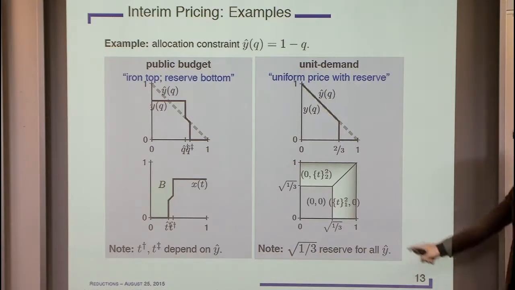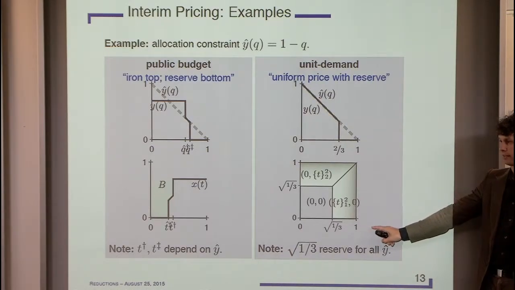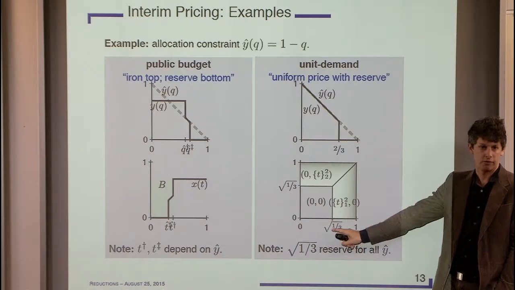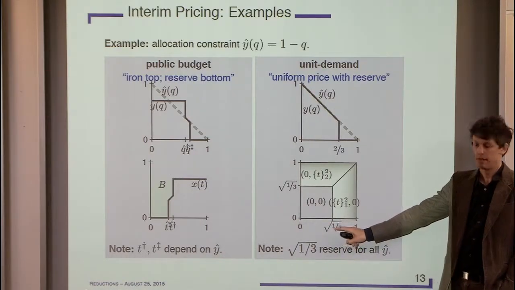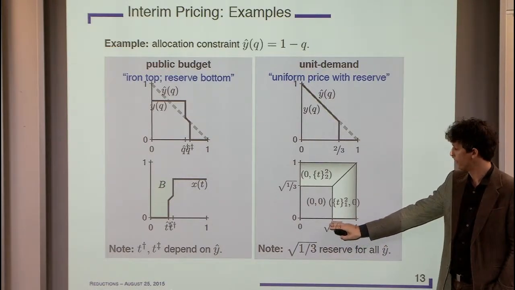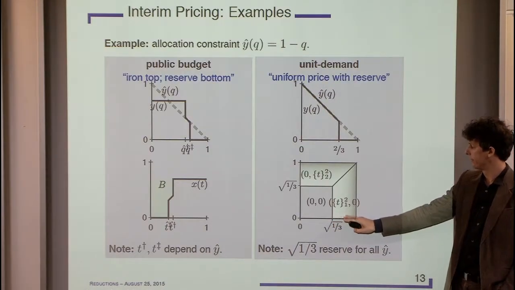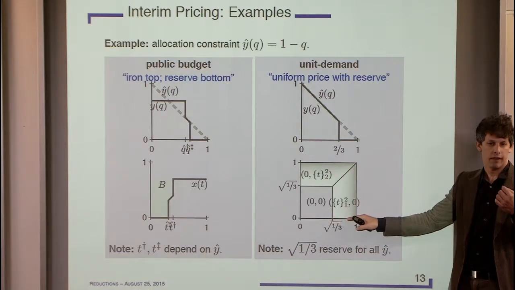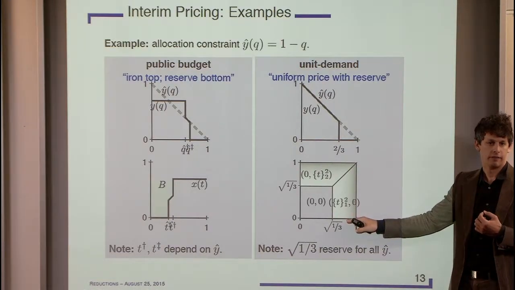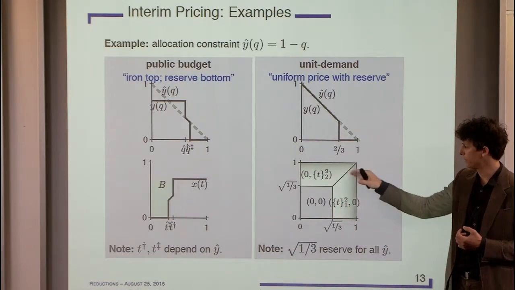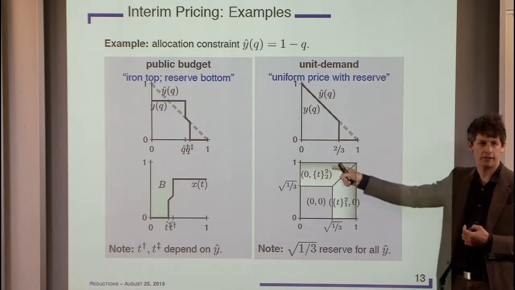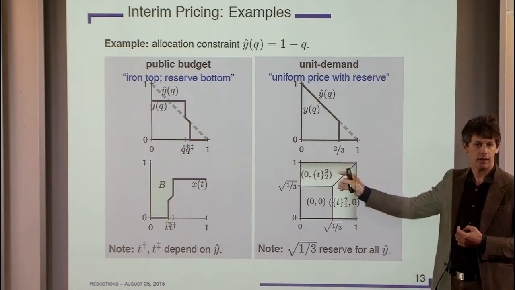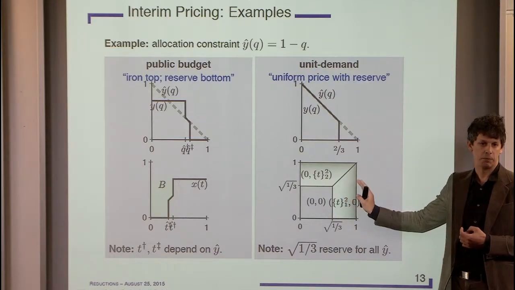And the mechanism in two-dimensional space looks like this. The reserve price, as I said before, is square root 1/3. And we'll allocate with increasing probability to the types as they get highest coordinate. Okay, so note these types are the ones where they prefer item 1. These are the types that prefer item 2. And we're allocating probability in terms of their highest coordinate.